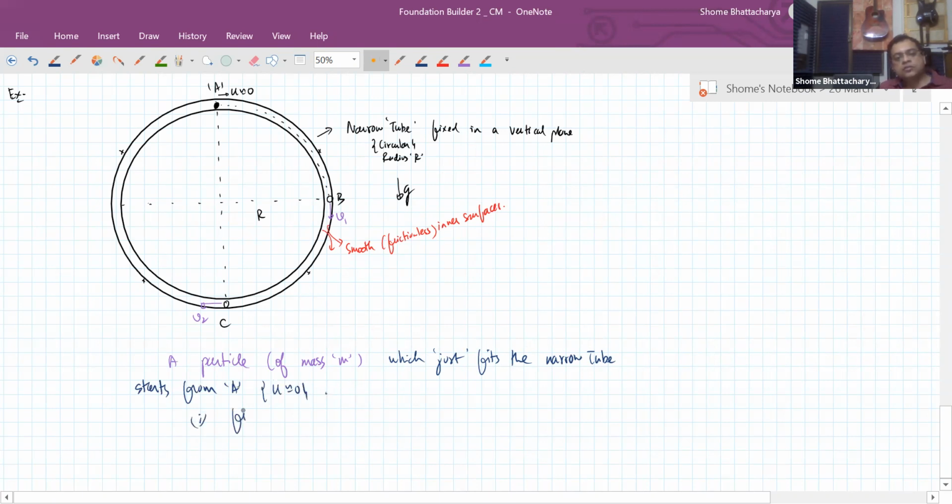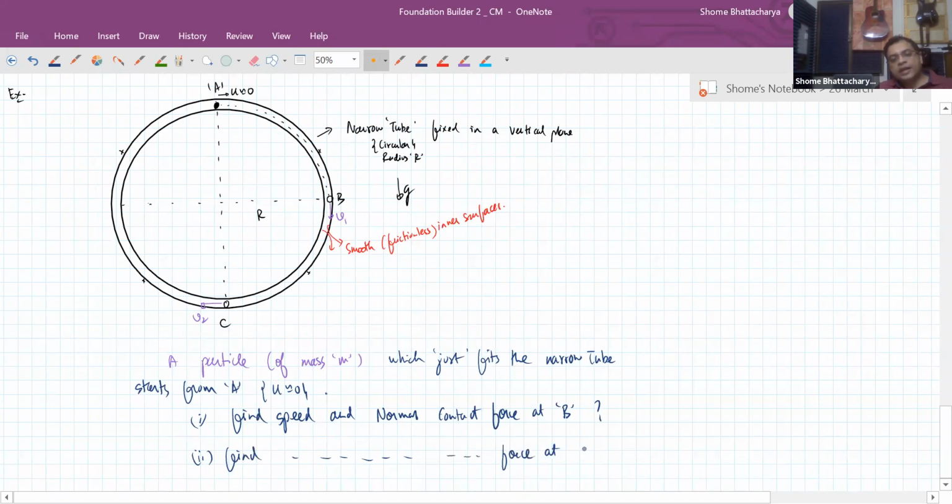So first find speed and normal contact force at B. Okay. Find speed and normal contact force at C.